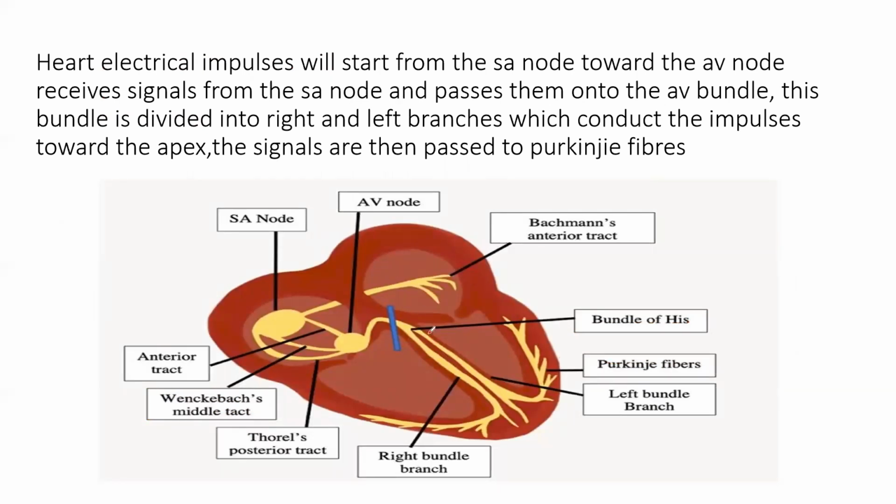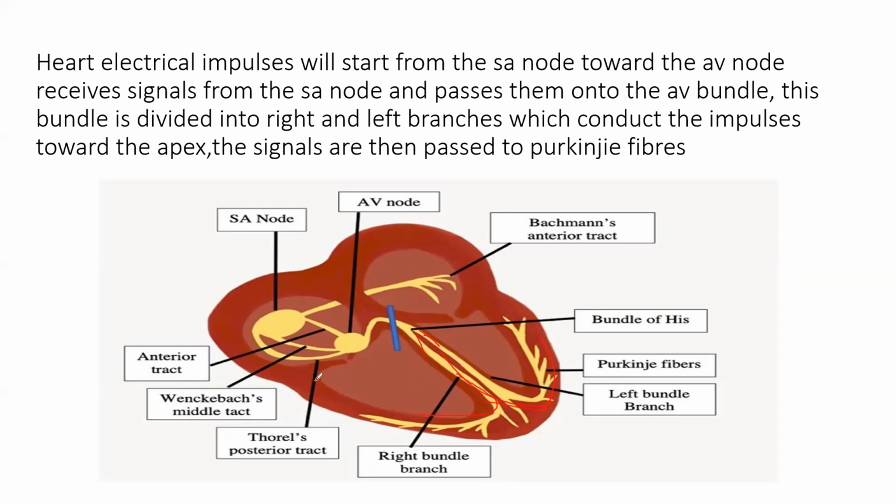Now we should know the paths of the vectors for the heart. It will start from here, the SA node. Then the impulses will move to the AV node and pass into the AV bundle. This bundle is divided into right and left branches, which conduct the impulses toward the apex, and then to the Purkinje fibers.